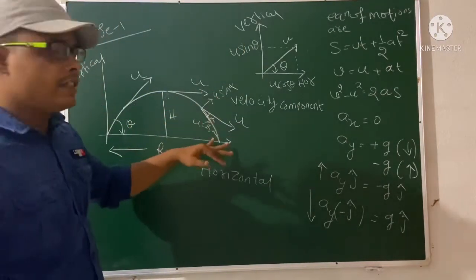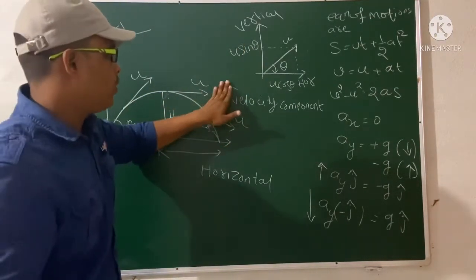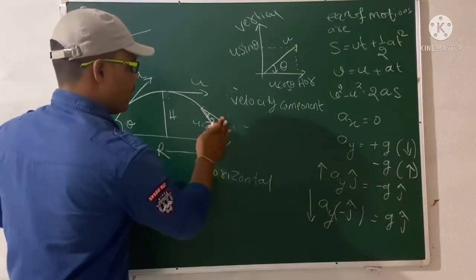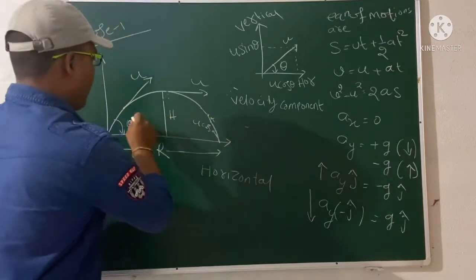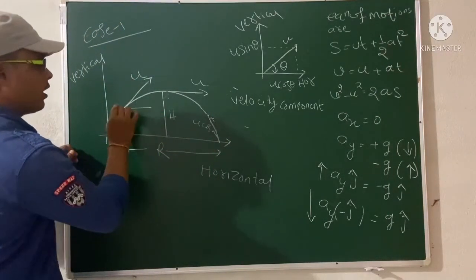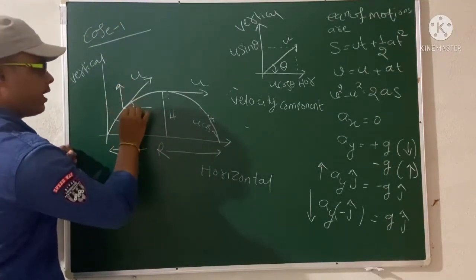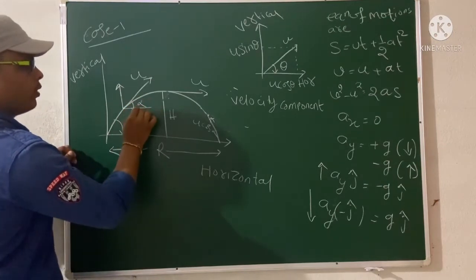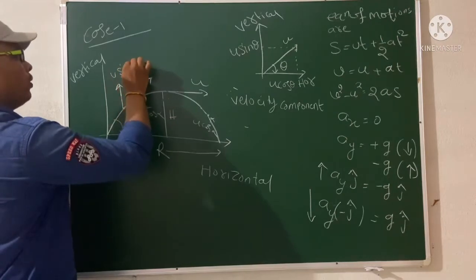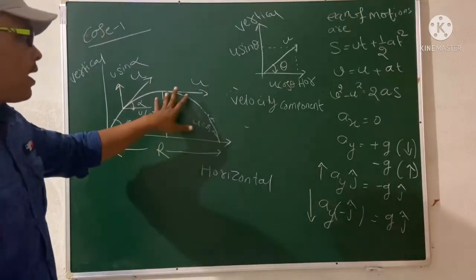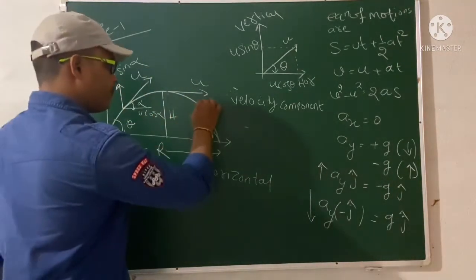Since theta is changing, the velocity components will also change, right? So remember this, this is the horizontal, this is the vertical, and this angle is your alpha. Then this will be u cos alpha and that will be u sin alpha. So these are the velocity components at a particular point.